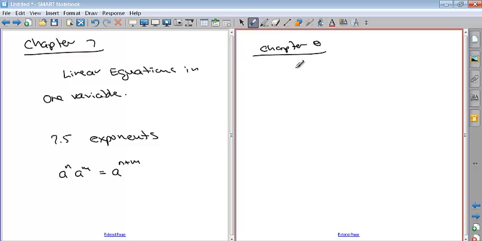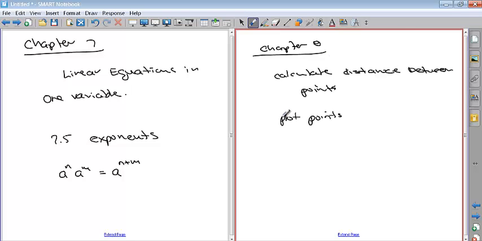We only did the first 2 sections, so make sure you can calculate distance between points and plot points on a graph.